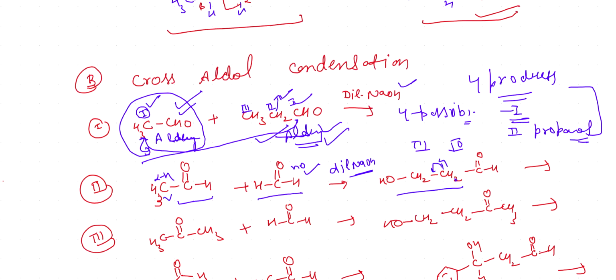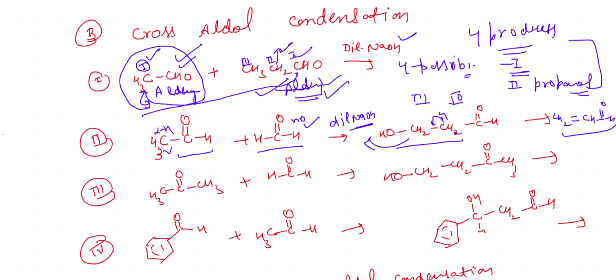Then there is formation of the final product. So in this case, there is also formation of self-condensation product, but in this case, only two products will be formed. The next is acetone and formaldehyde.